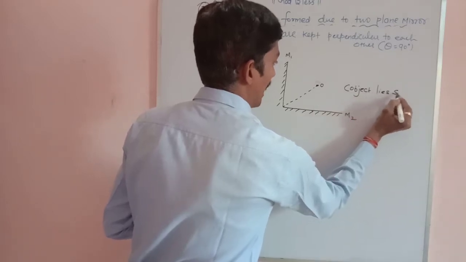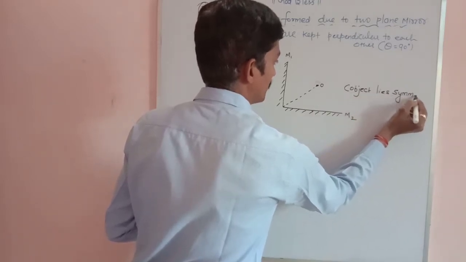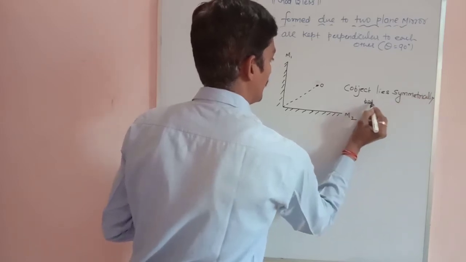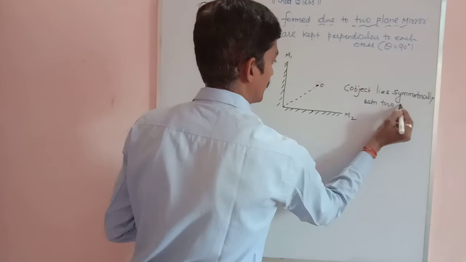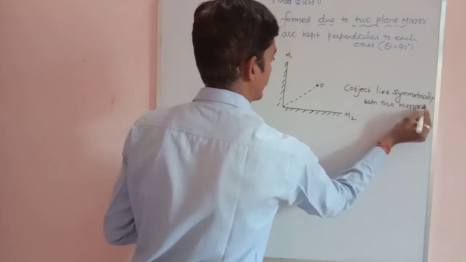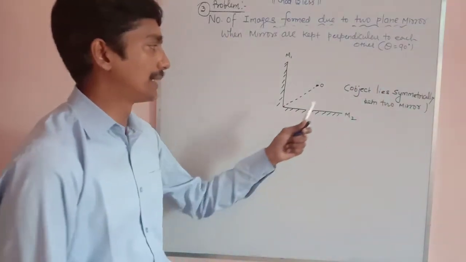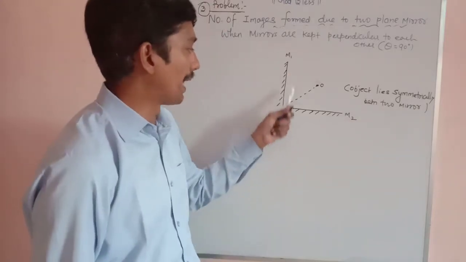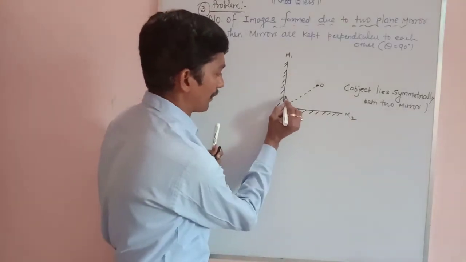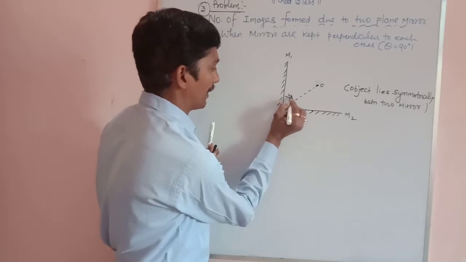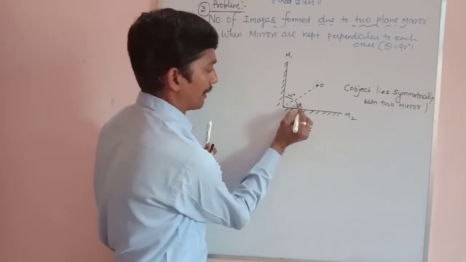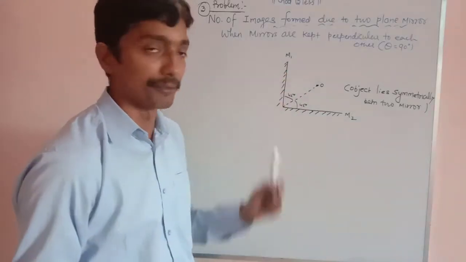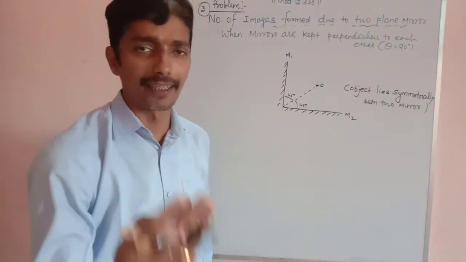Here the object lies symmetrically between the two mirrors. Symmetrically means from mirror M1 how many degrees? You can write 45 degrees. From mirror M2 also it is at 45 degrees, because I have kept it on the perpendicular bisector of M1 and M2. I have taken a small, simple numerical.